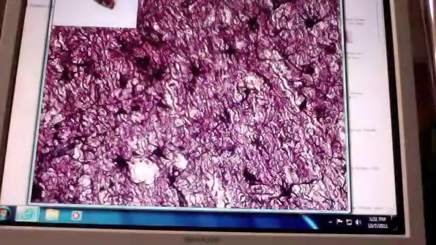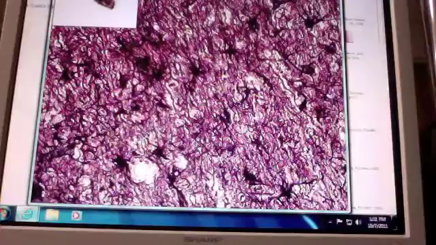And now what we're going to be looking for is cells that have lots and lots of processes coming off of them. So lots of cytoplasmic processes, and those cytoplasmic processes are all going to be directed towards small capillaries that are sitting within the neuroglia.